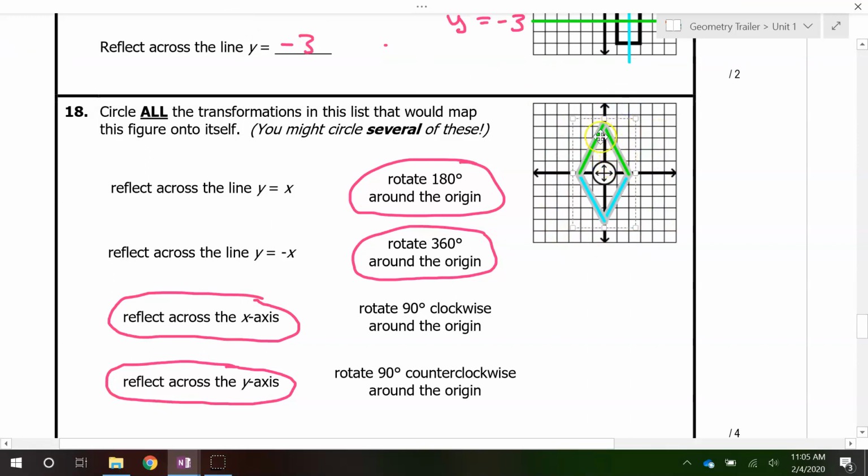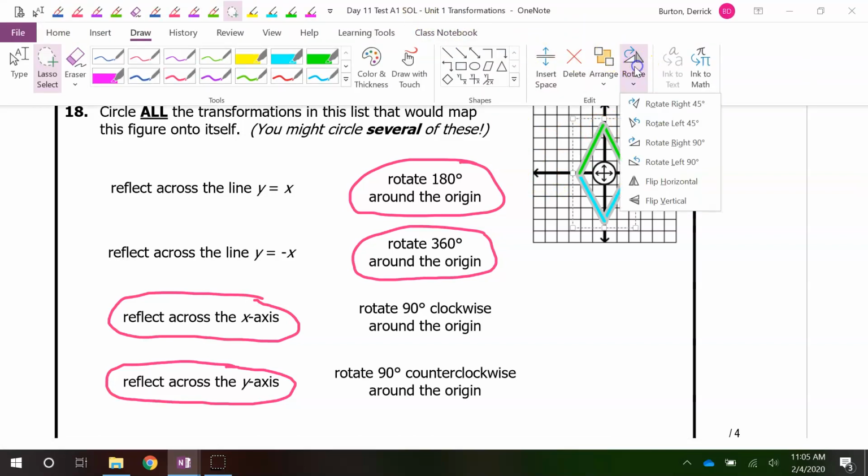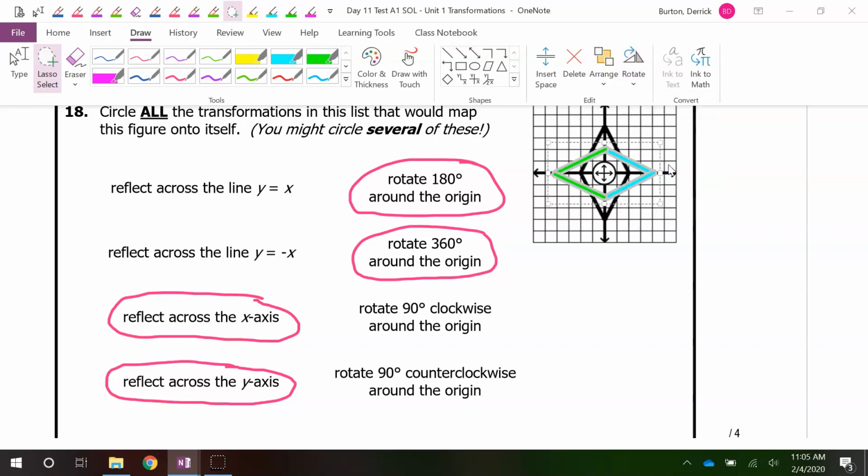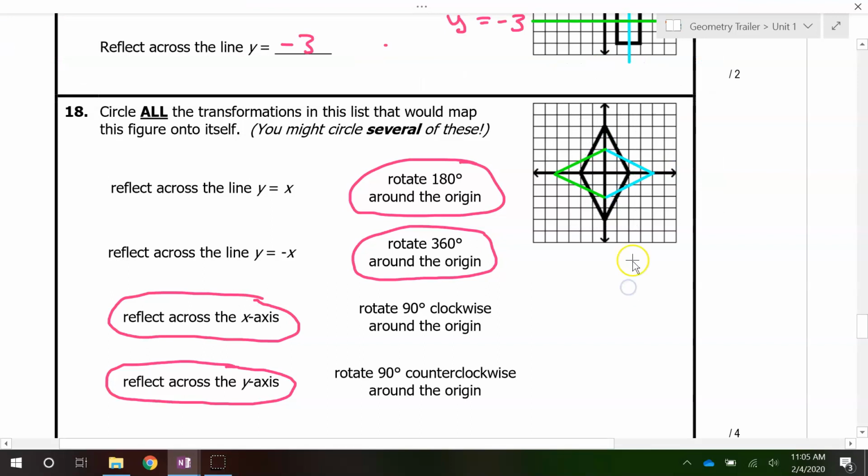So if I rotate this 90 degrees counterclockwise, the green part should be facing to the left. So let's do that. So I'm going to rotate 90 degrees, and counterclockwise is like to the left. So there I've rotated 90 degrees counterclockwise, and you can see that they do not match. So these are the four that work.